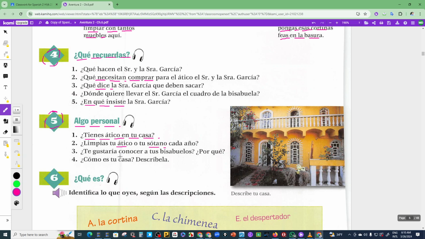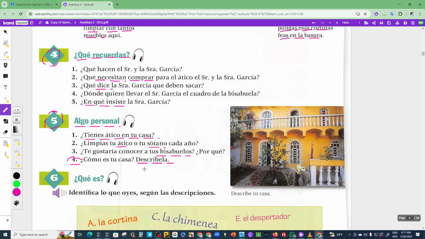¿Te gustaría conocer a tus bisabuelos? Would you like to meet your great-grandparents? ¿Por qué? ¿Cómo es tu casa? Descríbela. Now, the last one, this question number 4, asks how is your house? Describe it. And you can describe it with how many rooms it has.